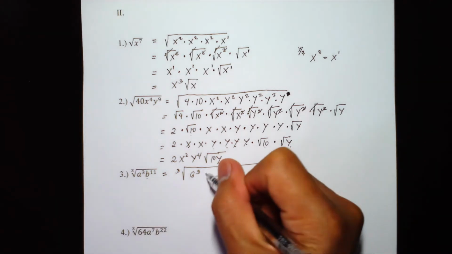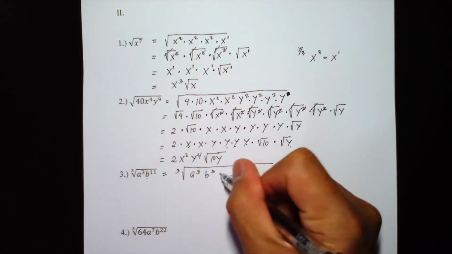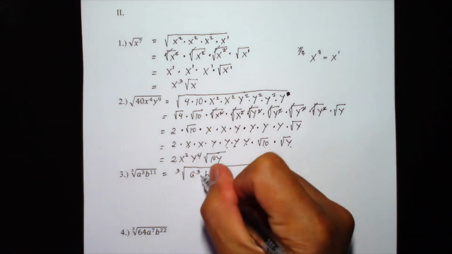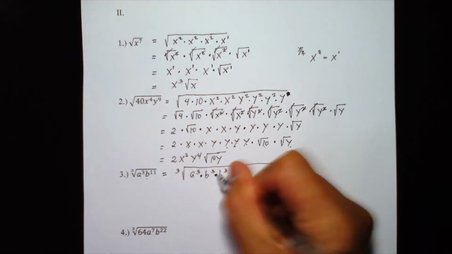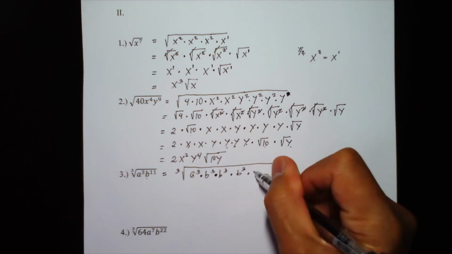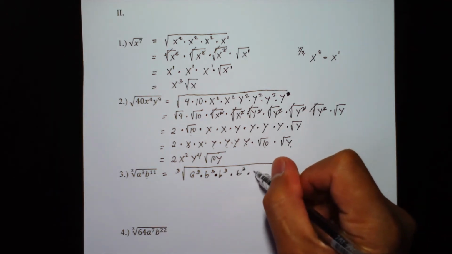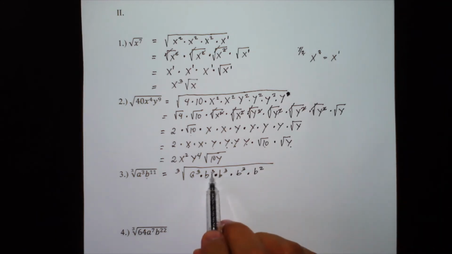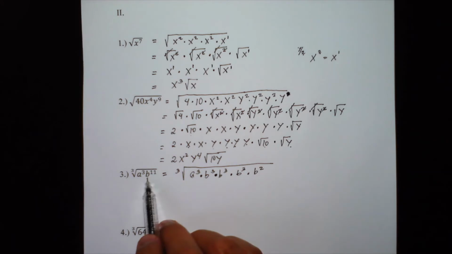So we have b cube multiplied by b cube multiplied by b square. Okay, if we multiply this, the result will be b11.